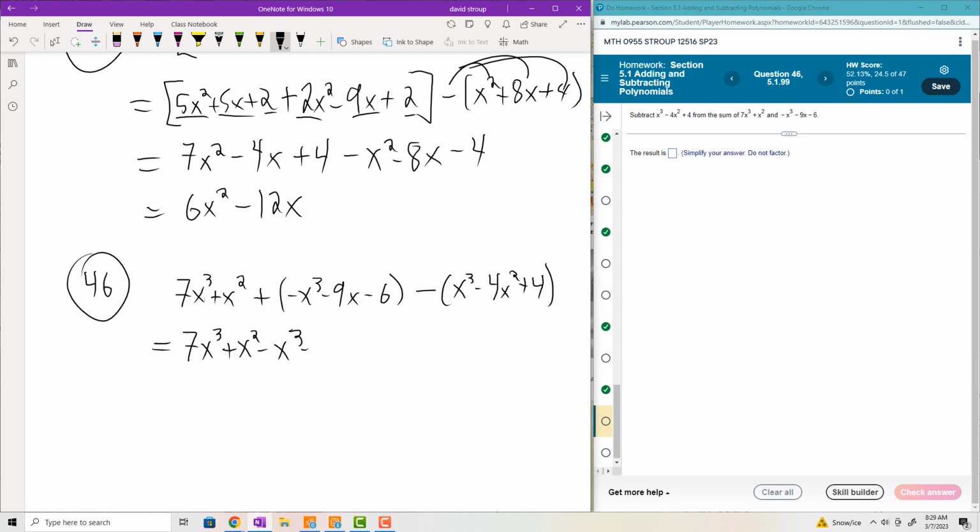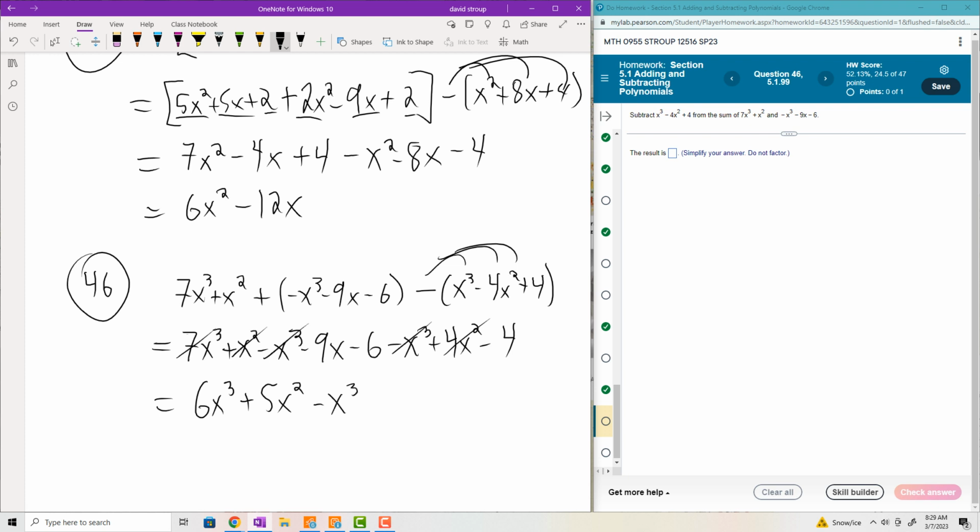Plus negative x cubed is just minus x cubed. And then if you want, you can go ahead and distribute. And then combine like terms. So 7x cubed minus x cubed is 6x cubed. X squared plus 4x squared is plus 5x squared. And then there's this, oh, there's another x cubed? Ah, crud. So anyways, minus x cubed. And then minus 9x.